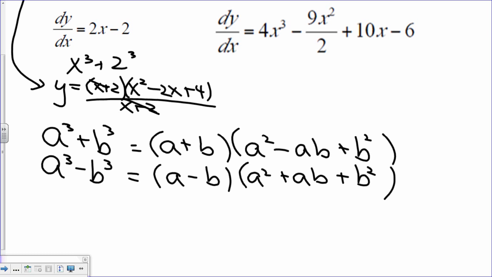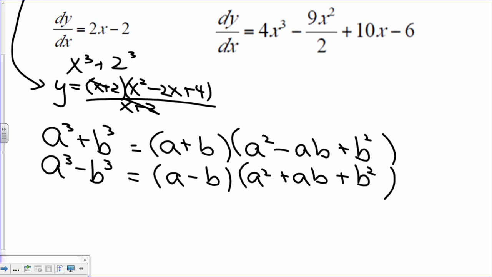The first factor is always just what you see without the cubes, right? And the second factor, you always get the first term, whatever a is, squared, the opposite sign for the product of the two terms, and then the last term squared. For both of them, you're doing the same thing.